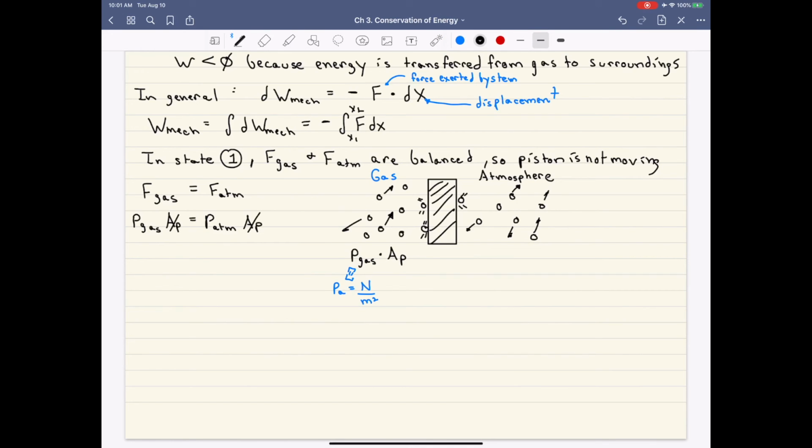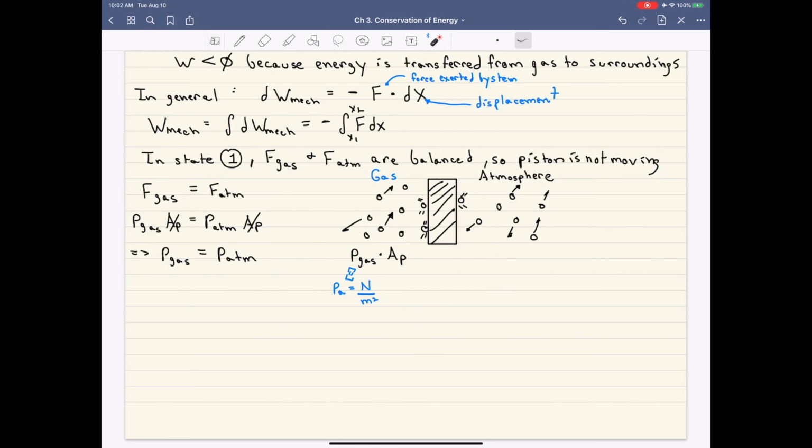So these A parts cancel out, the areas, and what we're left with is that the pressure of the gas inside the cylinder is equal to the pressure of the atmosphere outside the cylinder. All right? And so that's why the gas in state 1 is idle. That's why it's static. And that's because the pressure on the inside of the cylinder is the same as the pressure on the outside of the cylinder.